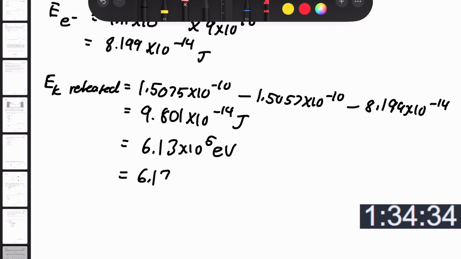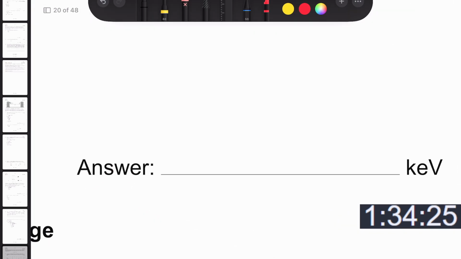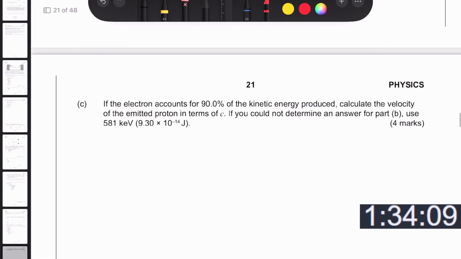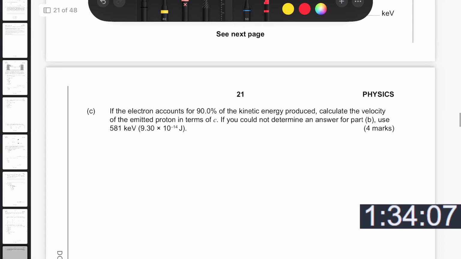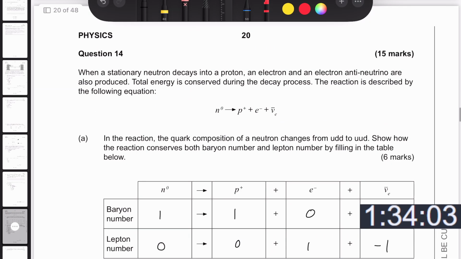So 6.13 times 10 to the 2 kilo electron volts. 6.3. If the electron accounts for 90% of the kinetic energy produced, calculate the velocity of the emitted proton. Determine the emitted proton.